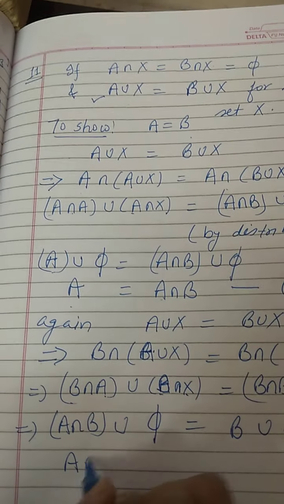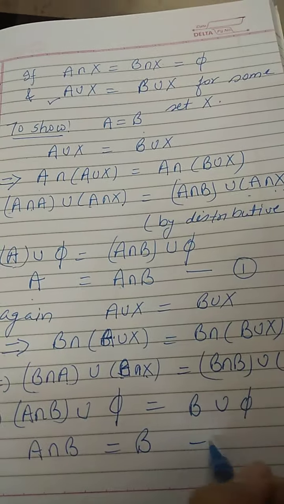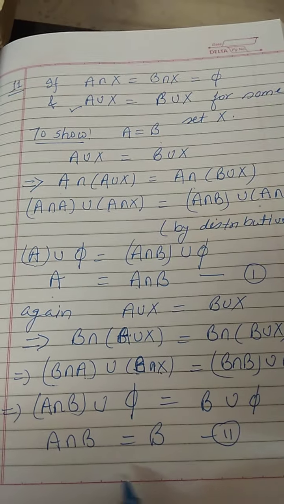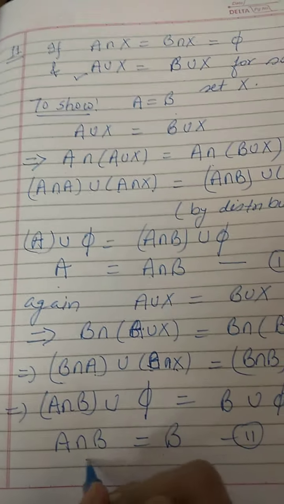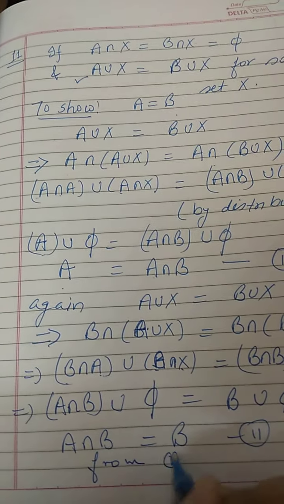So here what we are getting, A intersection B is equal to B. We will mark it as 2. In 1 we said A intersection B is equal to A. In 2 we are getting A intersection B is equal to B. So from 1 and 2, we imply that A is equal to B. This is what we were supposed to prove.